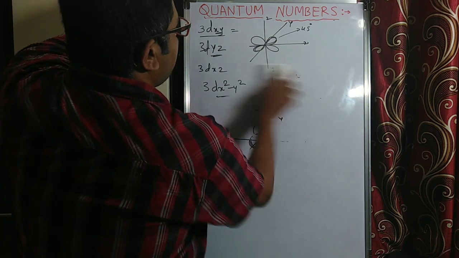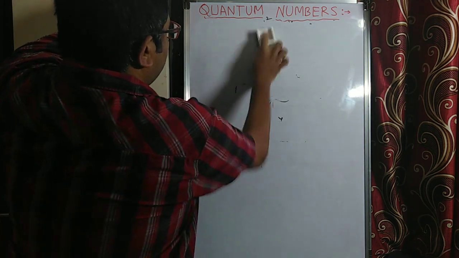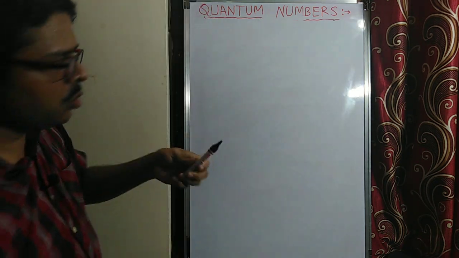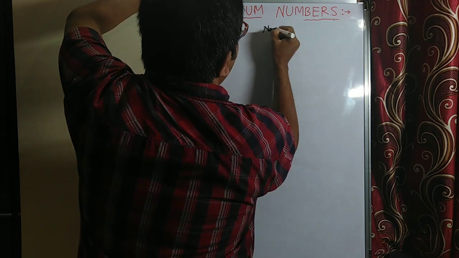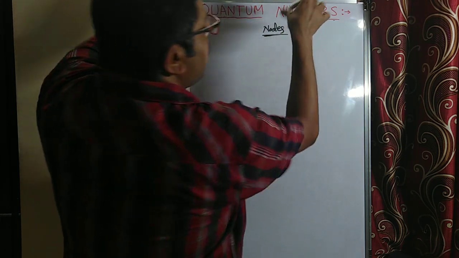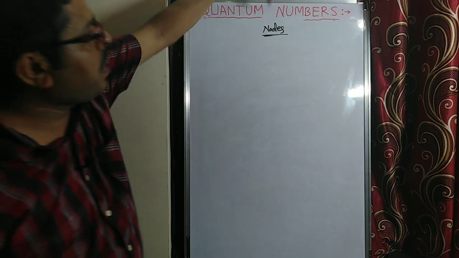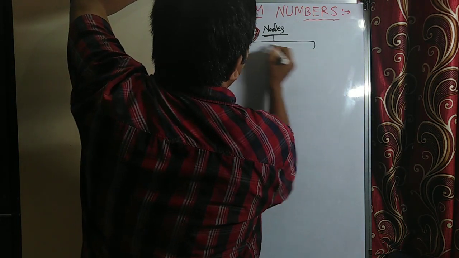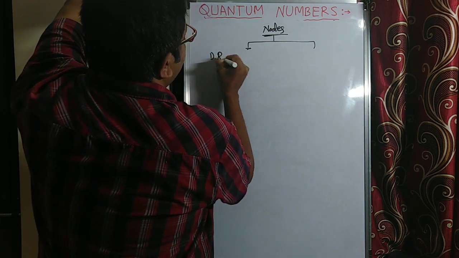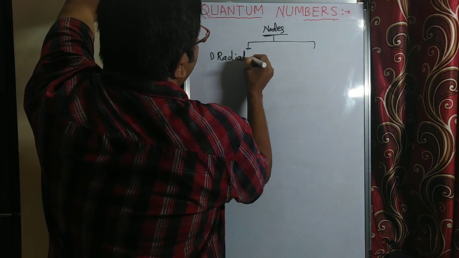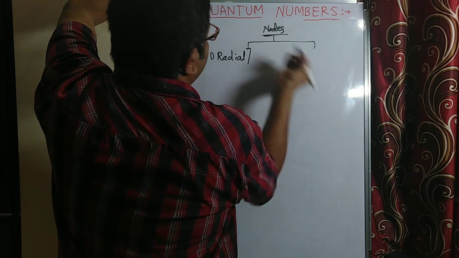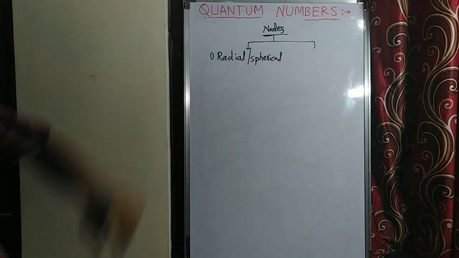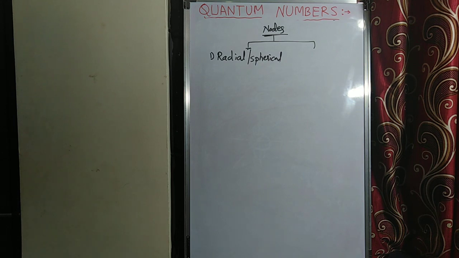Now you will see nodes, very important. So in case of the nodes, remember, there are two types. Nodes are nothing but, as I told, the three-dimensional region where the probability of finding the electron is 0, right? So two types. One is radial node, or in this particular case you can also call it spherical node.